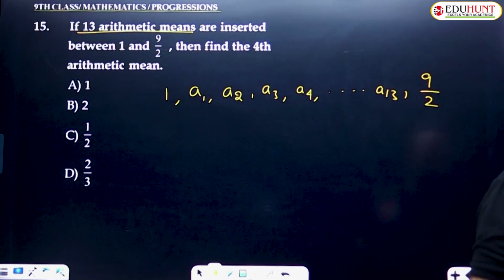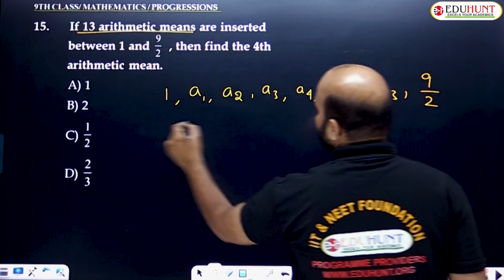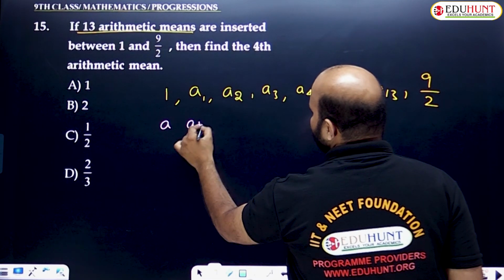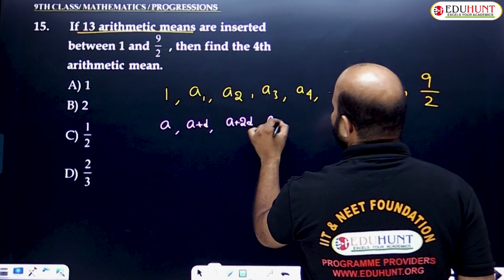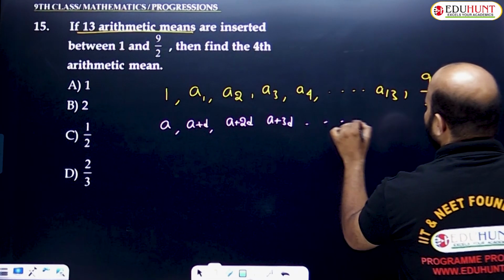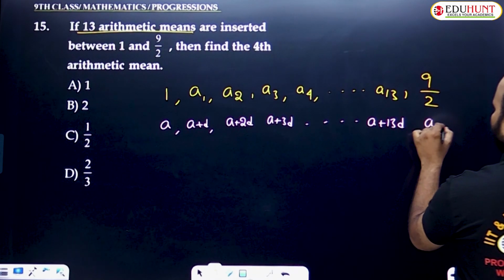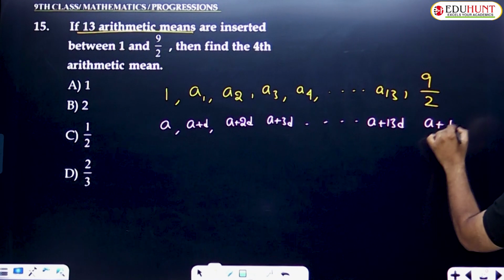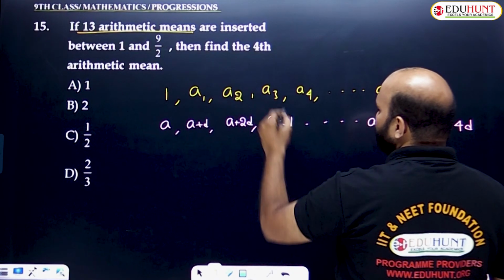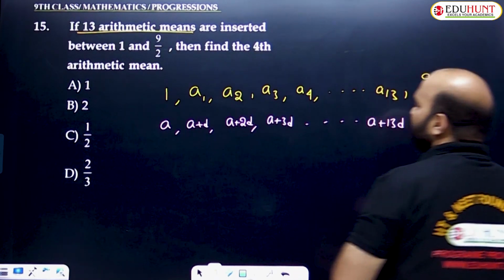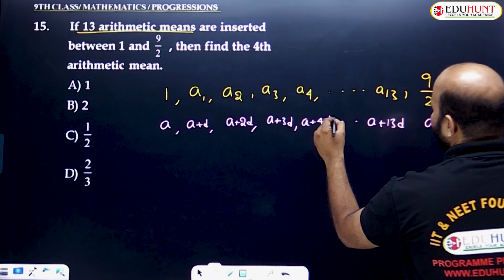So clearly we need to understand: the first term is a, the second term is a + d. Am I clear? A1 is a + d, A2 is a + 2d, A3 is a + 3d, A4 is a + 4d and so on.